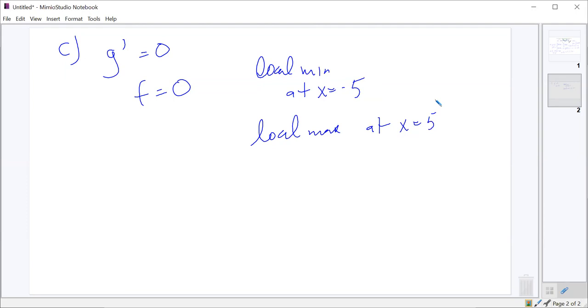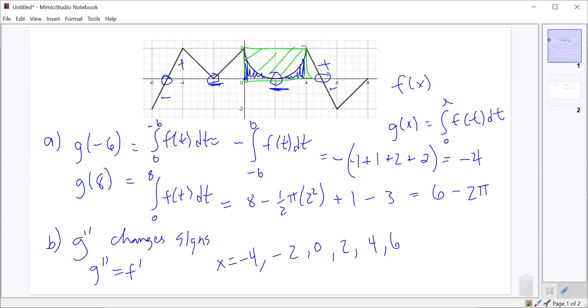If it was a closed interval, would you have a local max at -6 and a local min at 8? If you were on a closed interval, let's see here, this is still negative, so the function would still be decreasing. This would be a local min at 8. And then this one's going backwards. Because G is equal to the integral from 0 to x, as I go backwards, I'm taking the opposite of my integral as I go from -6 to 0, but I'm adding in these positive values, but it's the opposite of those.